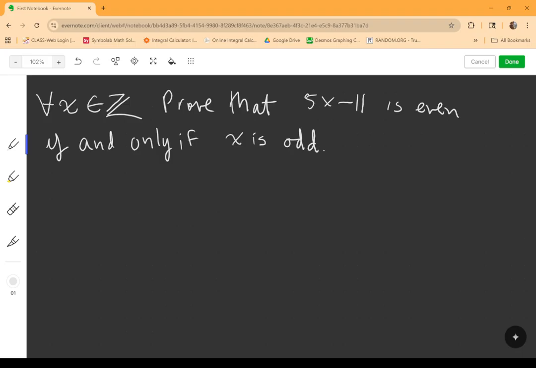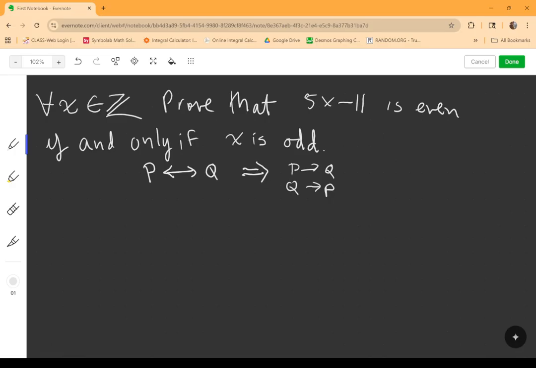Now this is a biconditional. As mentioned before, it implies a much stronger connection than an if-then statement. Symbolically, P if and only if Q is saying that P implies Q, but also Q implies P. That's what the biconditional is telling me, that this is equivalent to that.